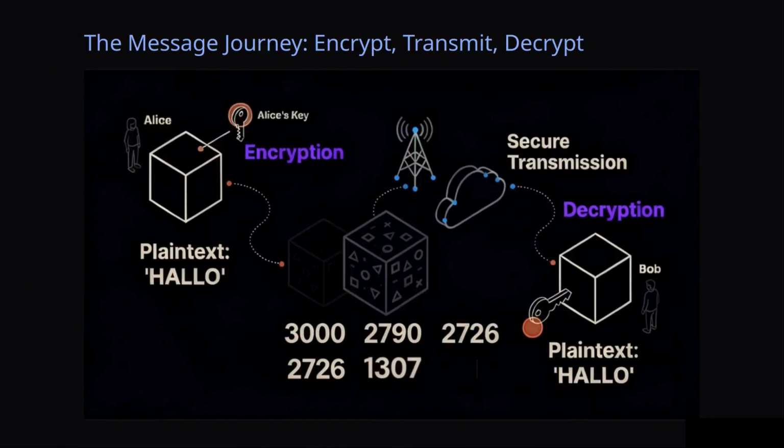If we now go back to the original plan of sending the full plain text hello, encrypted through the system we just went over, we received the 5 numbers that represent the message: 3000, 2790, 2726, 2726, and 1307. These 5 numbers are what's floating through the internet.